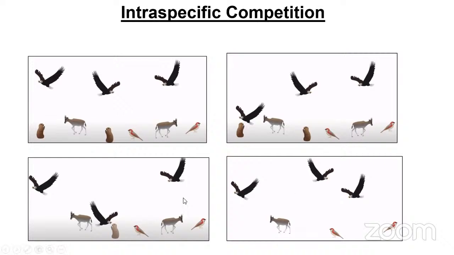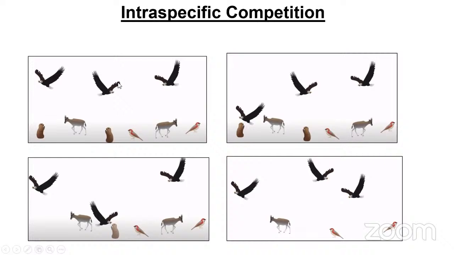Once all the members of the same species start to eat the same type of food, a time will come when the food source becomes limited, as a result of which competition will happen between the members of the same species.